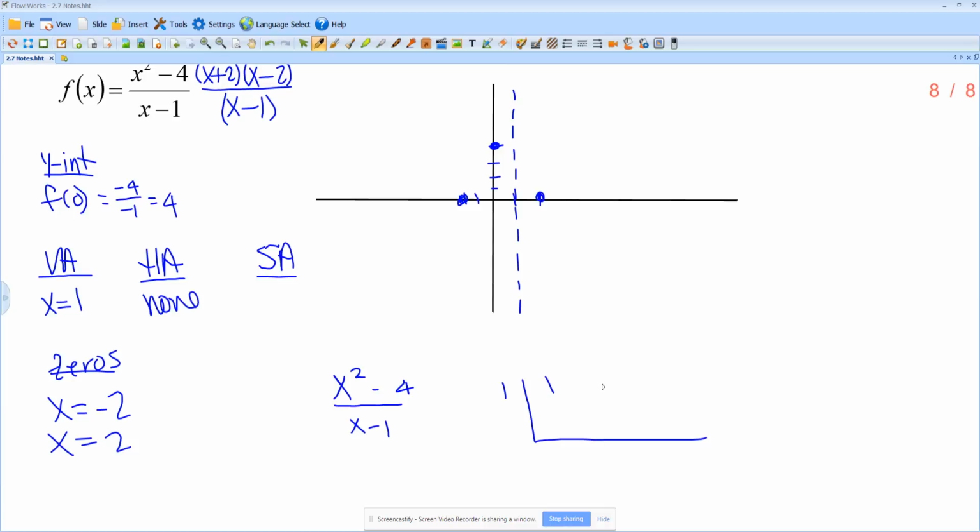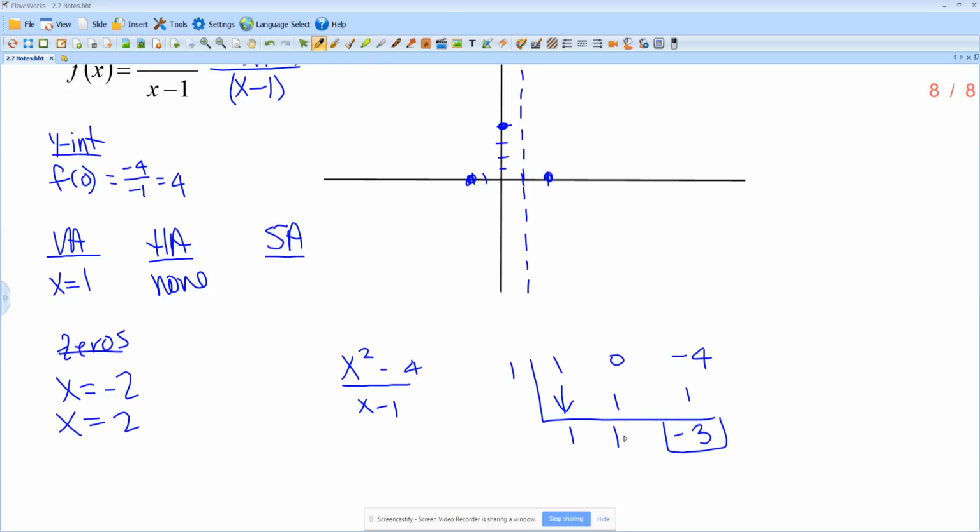So I'll have 1, 0, -4. 1 times 1 is 1, add 1. 1 times 1 is 1, add, I get -3. Remember that we do not care about the remainder. So what this says is x plus 1. So y equals x plus 1 is my slant asymptote.